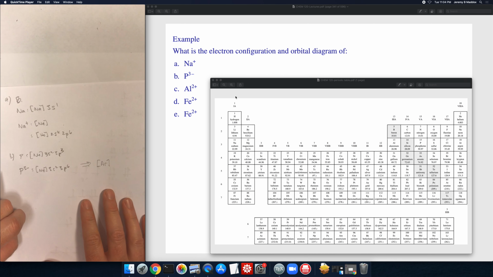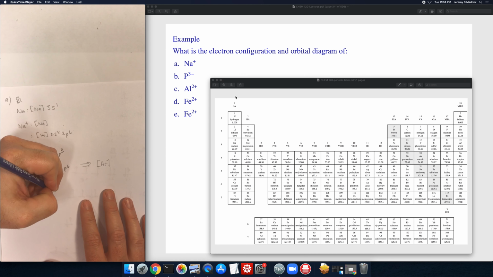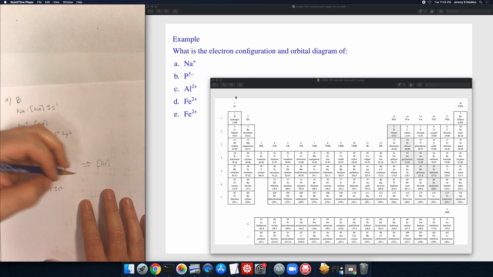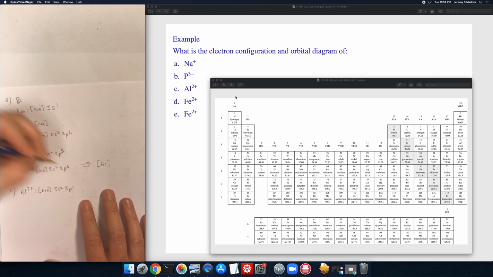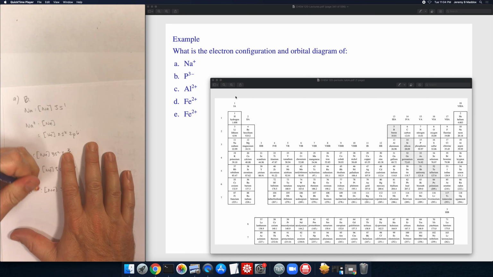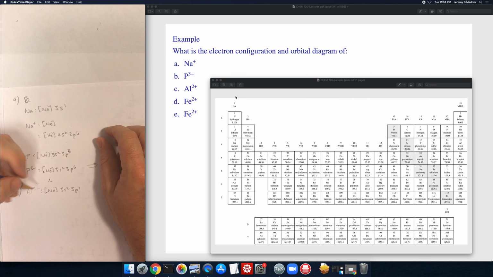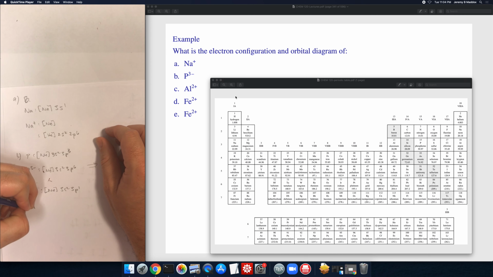Aluminum 2+, that's probably a typo. It should say the aluminum 3+ cation. Aluminum is a neon core, and then it's 3s2 and 3p1. Well, that would be the ground state of aluminum. And then when you go to form aluminum 3+, you're going to take away 3 electrons.